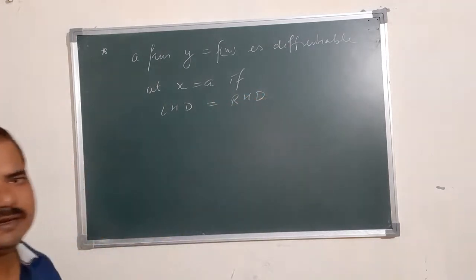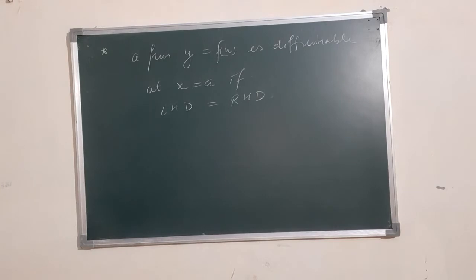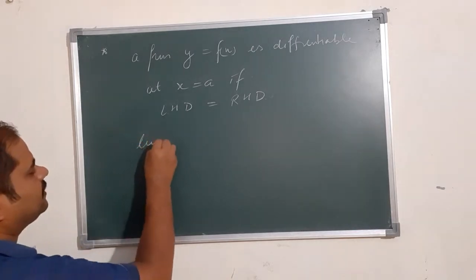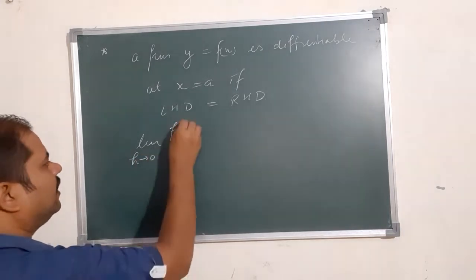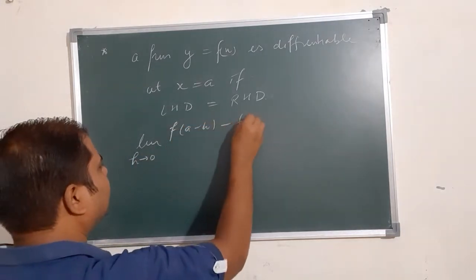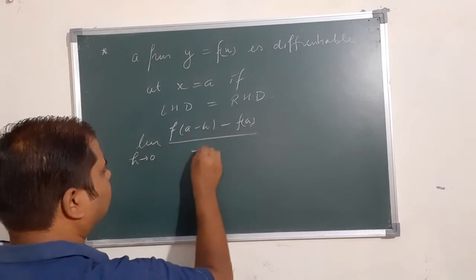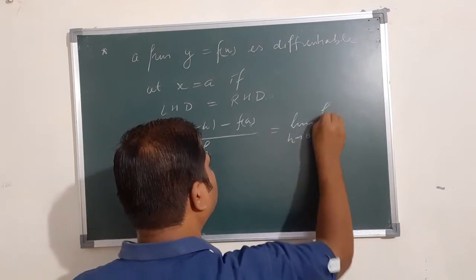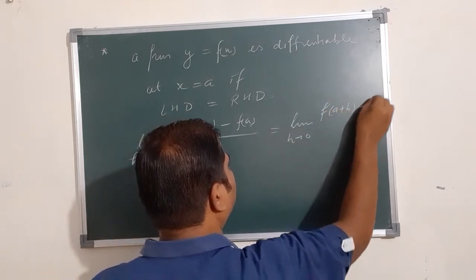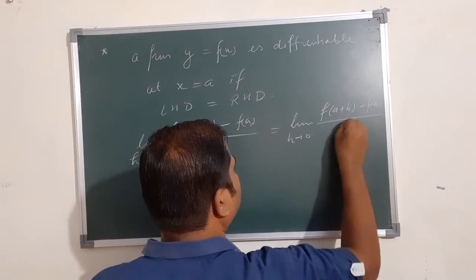That means left-handed derivative is equal to right-handed derivative. That means limit h tends to 0 of f(a minus h) minus f(a) divided by minus h is equal to limit h tends to 0 of f(a plus h) minus f(a) divided by h.